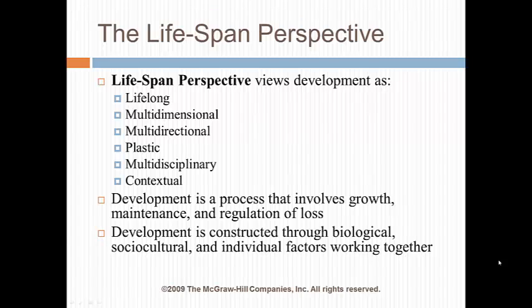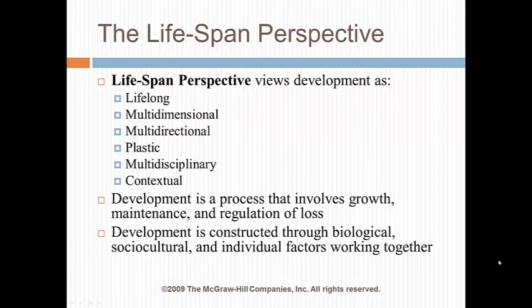The lifespan perspective is all-encompassing. It takes many different things into account. It's lifelong in that no age period is more important than another, multidimensional in that it consists of biological, cognitive, and socio-emotional dimensions, multidirectional in that some dimensions expand and others shrink. For example, remember when you got your first love, the time with your friends decreased.